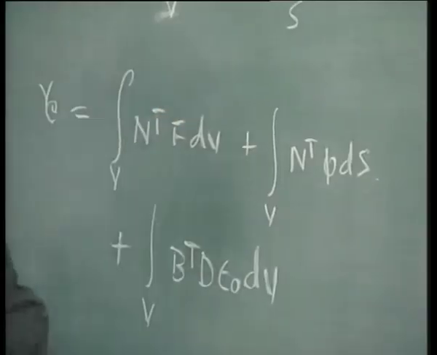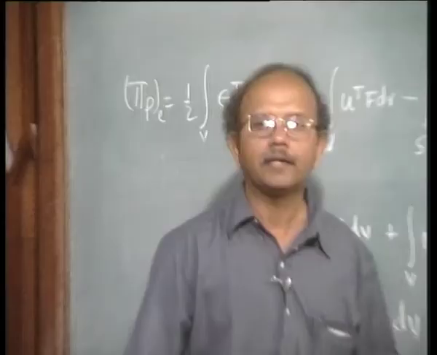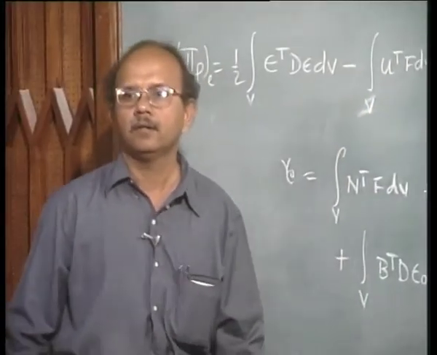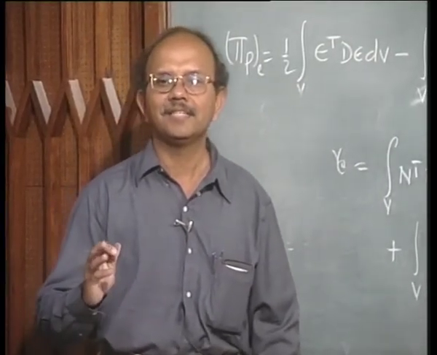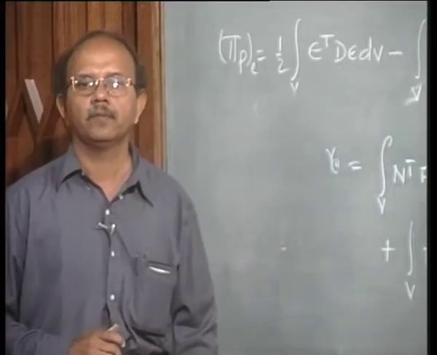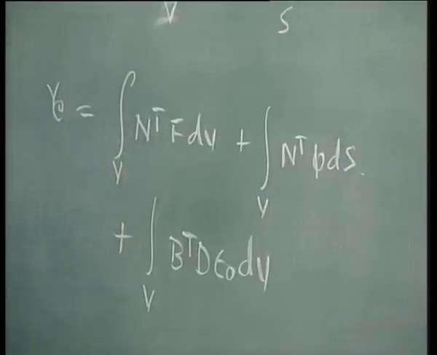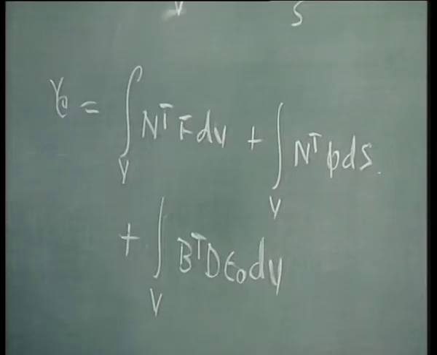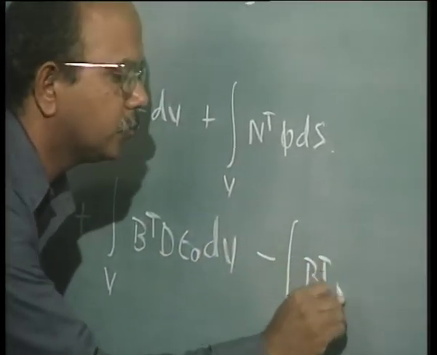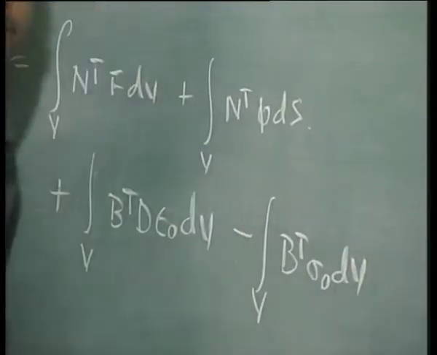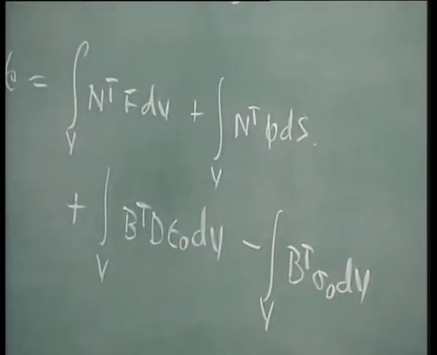What will be for initial stress? Look at that and tell me. It will be just b transpose sigma 0 dv. When I take it to the right hand side, it will become negative. So, minus integral over v of b transpose sigma 0 dv.